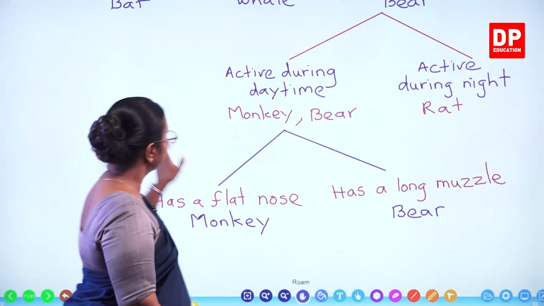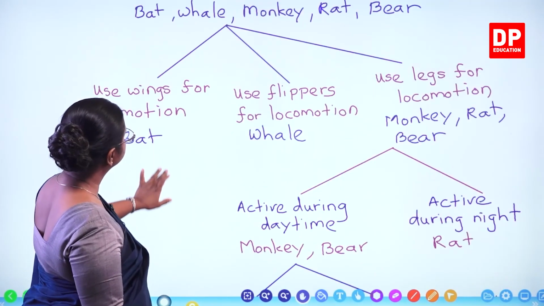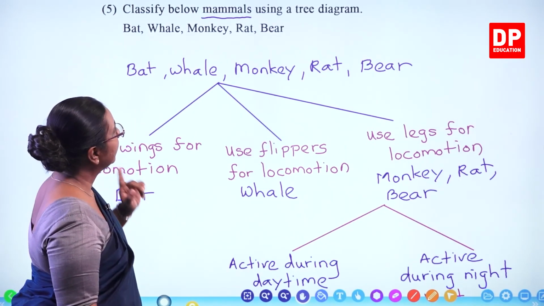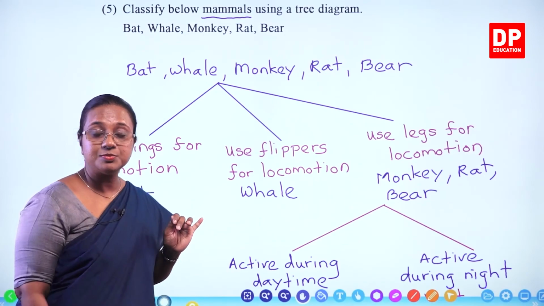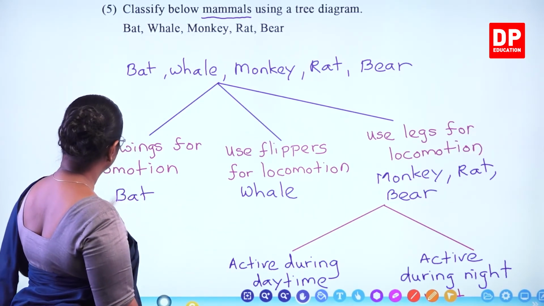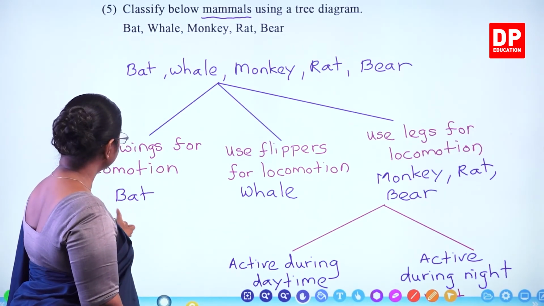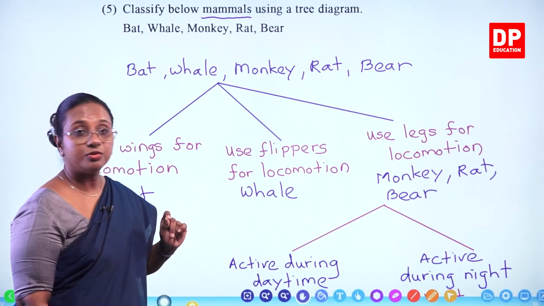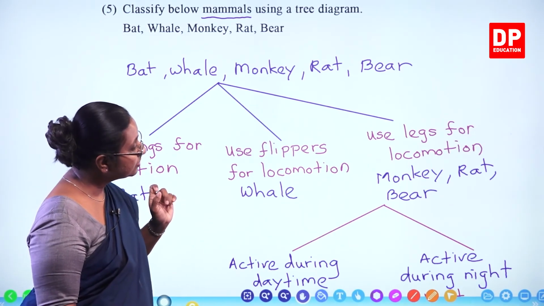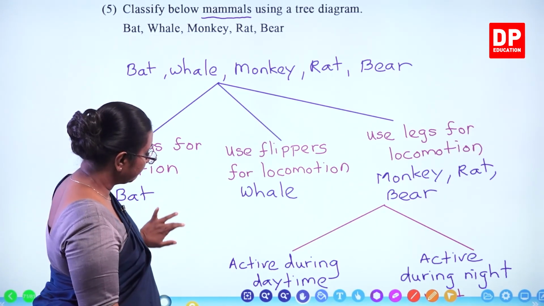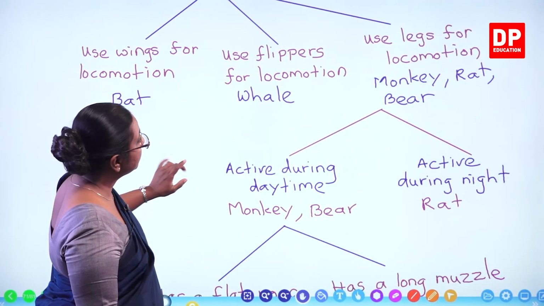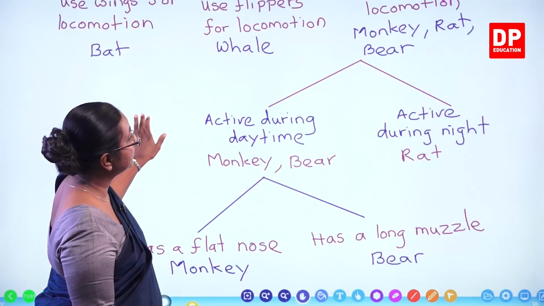So if you go back and check, bat, whale, monkey, rat and bear, we classified them based on the appendages possessed for locomotion. So using wings for locomotion, bat. Use flippers for locomotion, whale. Use legs for locomotion, monkey, rat and bear. Then we have the activity during daytime and night time.